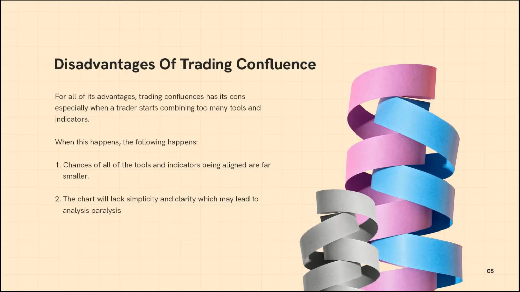Instead of them telling you the right thing, you start making mistakes with the signals you see on the chart. You don't know which one to follow. That's why you should use at most three indicators on your chart. Without chart simplicity and clarity, you may face analysis paralysis. When you have too many indicators, starting from 4, 5, 6, 7, 8, it's too much. You only need theory with price to make money.